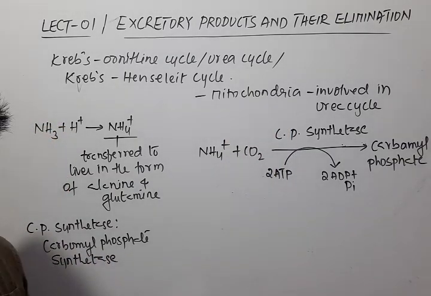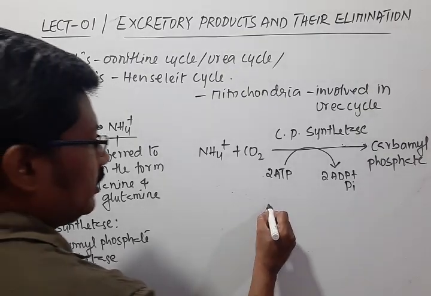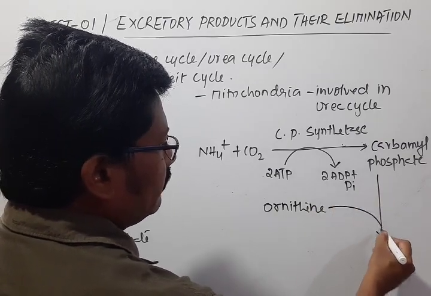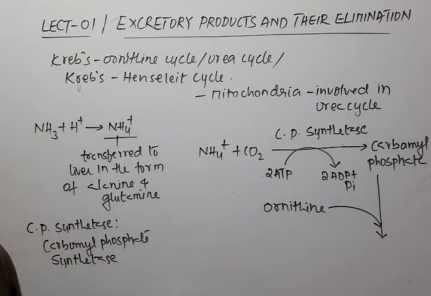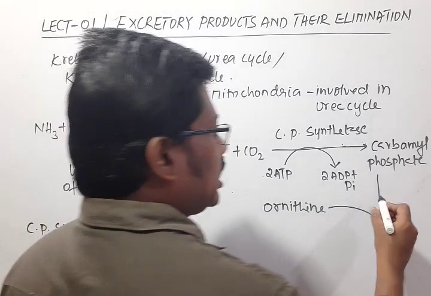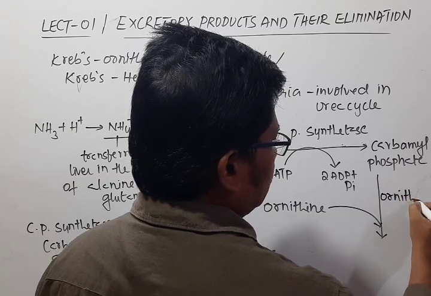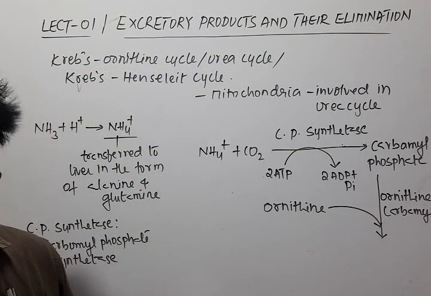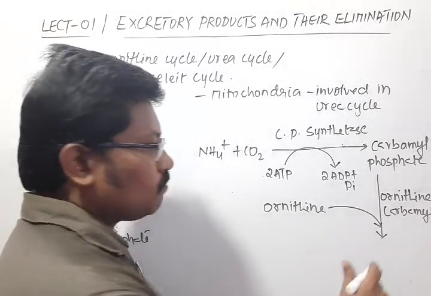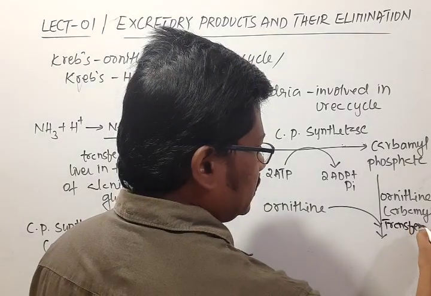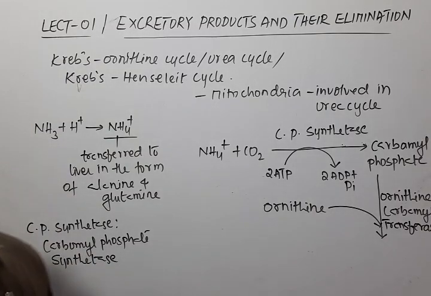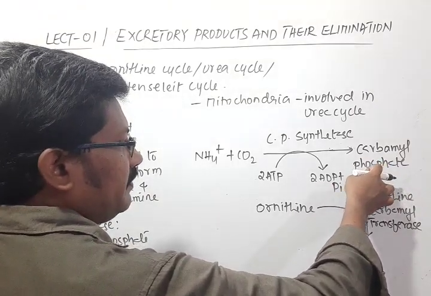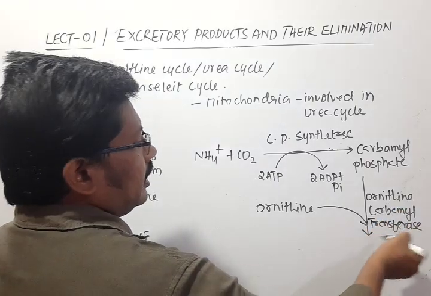When this carbamyl phosphate is released, as I told already, the mitochondria has one more substance called ornithine. The ornithine and the carbamyl phosphate will react with one another in the presence of the enzyme ornithine carbamyl transferase.